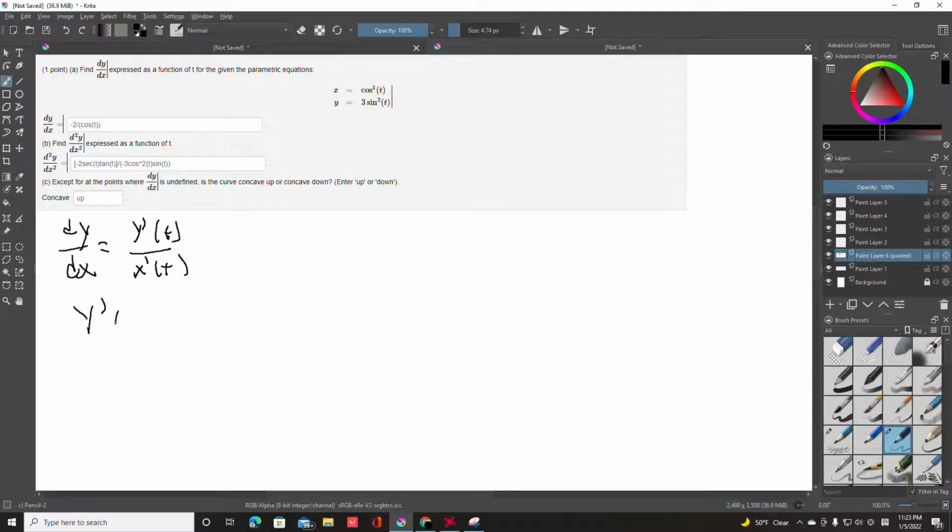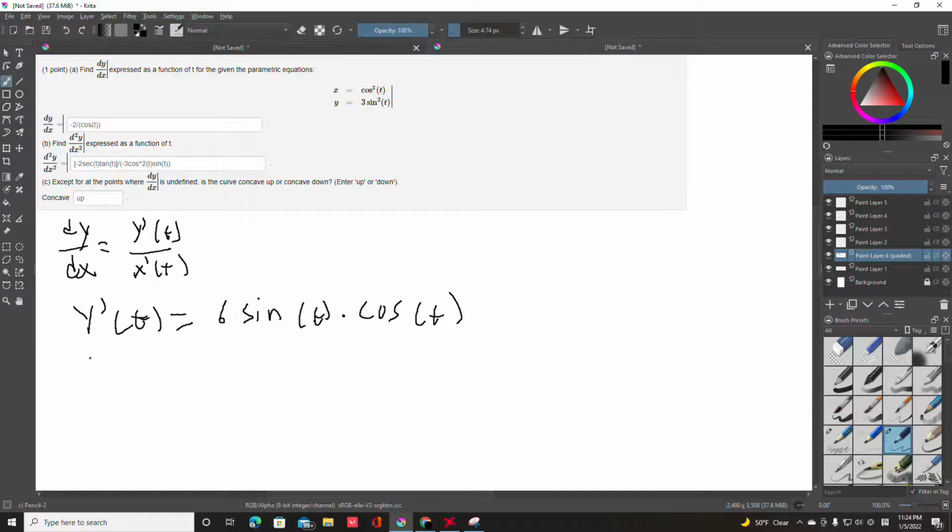So y prime of t, and we'll have to use the chain rule for this. You would get 6 sine of t times the derivative of the inside, which is cosine of t.